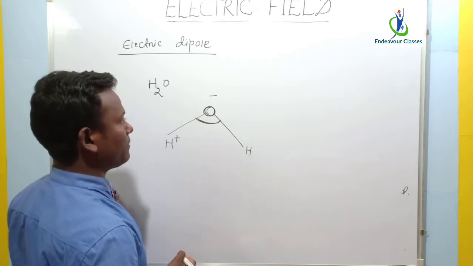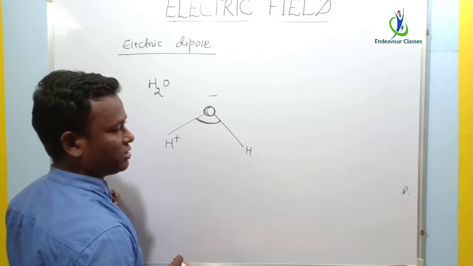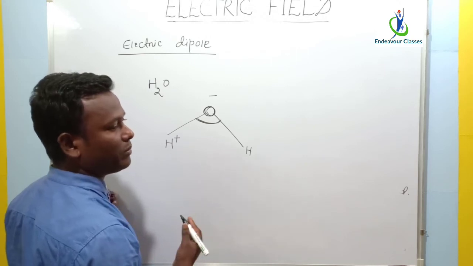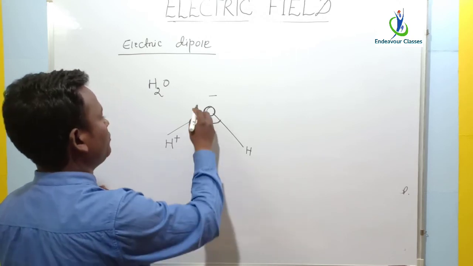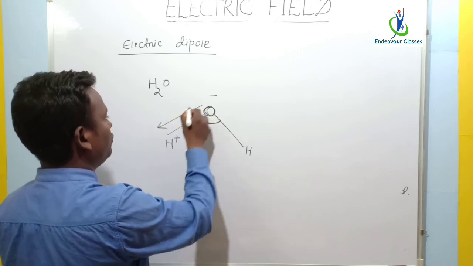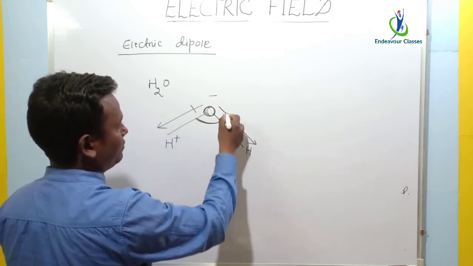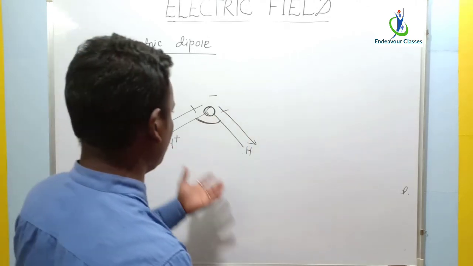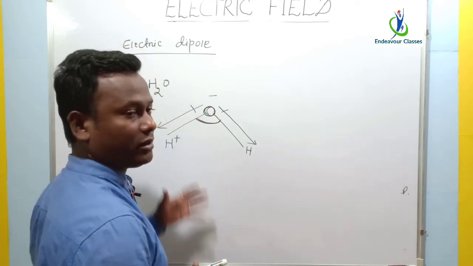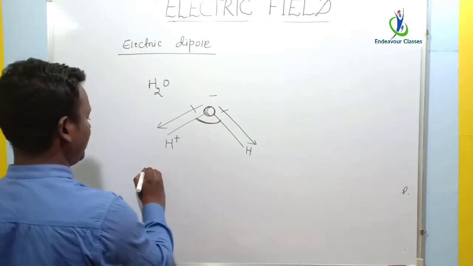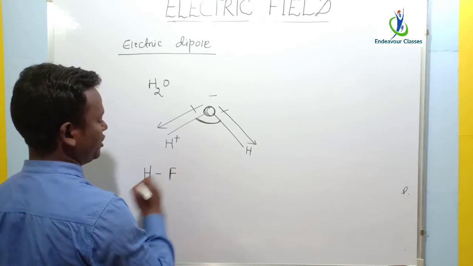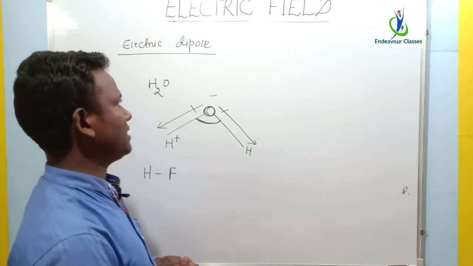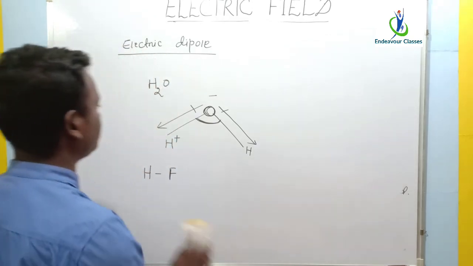So the direction of the dipole moment is from the more electronegative to the more electropositive element, that is, from negative to positive. So the direction of the dipole moment will be towards this. Similarly, in the case of hydrogen fluoride, HF, the fluorine is more electronegative. So this is also one example of an electric dipole.